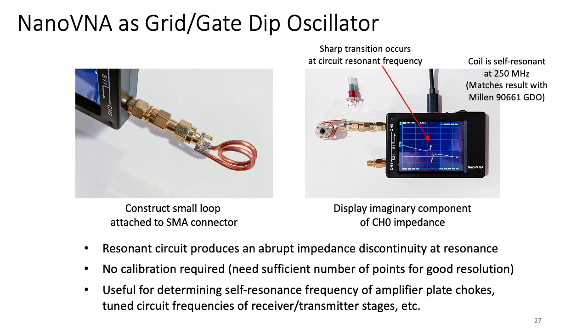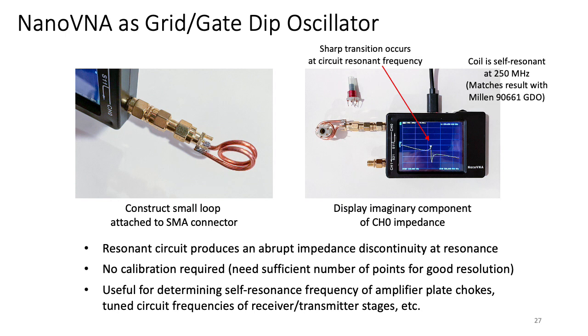And when the frequency of the oscillator reaches the resonant frequency of the circuit, a certain amount of energy is sucked out because of the resonance, and it causes a dip in the response, whether it's in the grid response on a vacuum tube or in the gate response on a FET oscillator design.